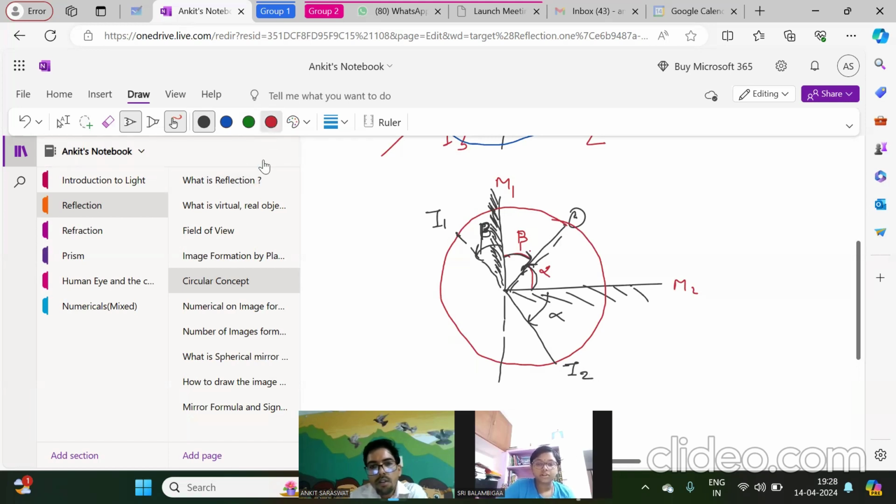Now tell me, if this is the virtual object from mirror M1, how much is it? 2 alpha plus beta. Then its image will be 2 alpha plus beta from the mirror.